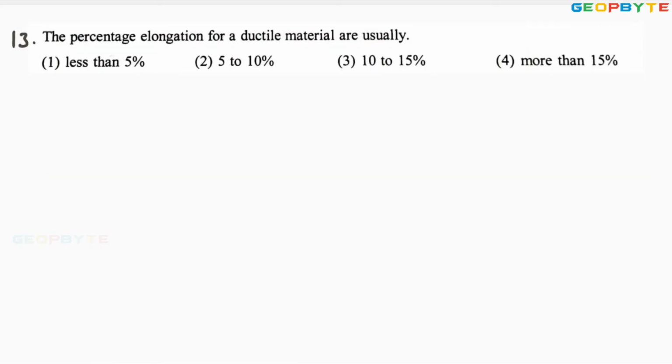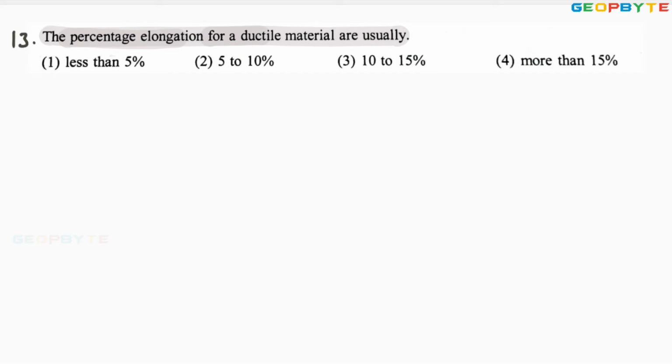Look at the 13th problem. The percentage of elongation for a ductile material is. Remember, my dear friends, almost all materials are going for deformation. But if the percentage of the elongation is more than 15%, that kind of material is generally called a ductile material.